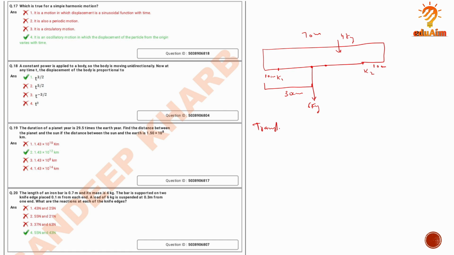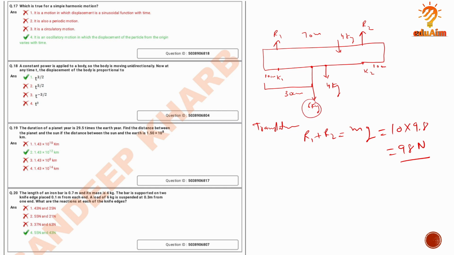During the translational equilibrium we have the weight, the normal reactions, R1, and the normal reaction here is R2. So R1 plus R2 is equal to mg. Mass here 4 plus 6 is 10, so mass is 10 into g is 9.8. It comes out to be 98 newtons.